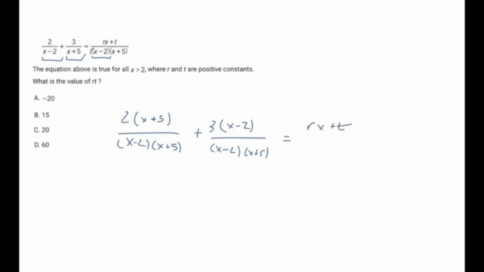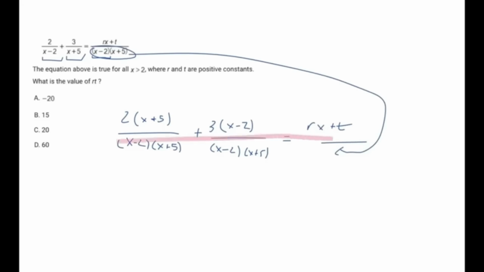And because we already have this here, this is all going to be the same, x minus 2 times x plus 5 as the common denominator. And so what we can do is just get rid of it. So all this at the bottom dies. And so now we're left with the following on top: 2 times x plus 5 plus 3 times x minus 2 equals Rx plus t.